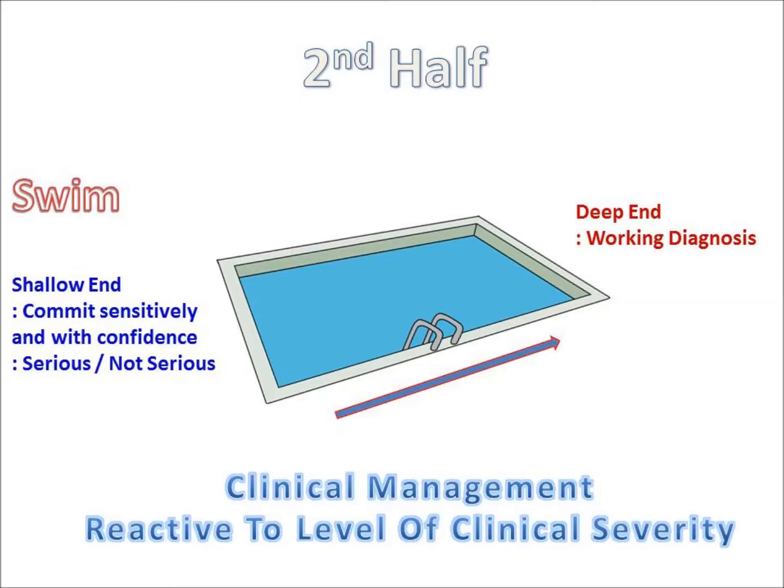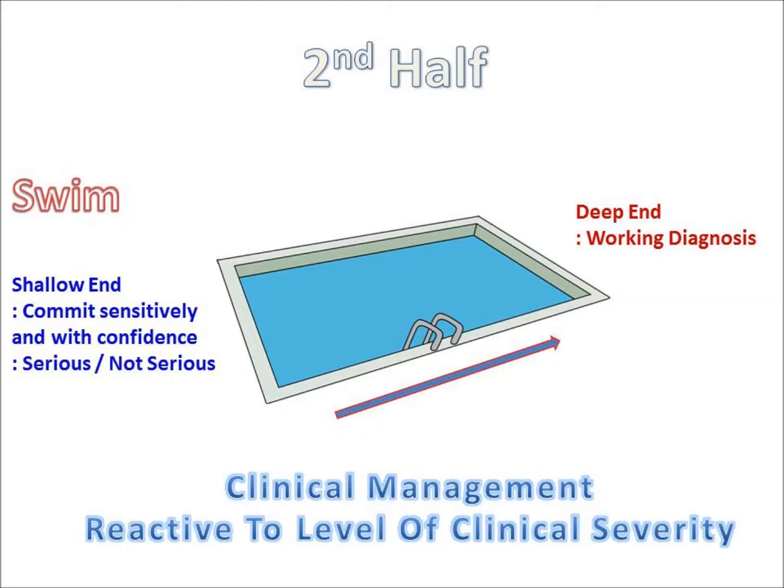So Competency 7, a management plan that is appropriate and in line with current best practice, is of course about showing that you are up to date with evidence-based medicine, but more importantly, in fact, that your management plan is reactive to that level of clinical severity. So that rash that's come in? Can you recognise potentially, if it is serious, does it actually require to be seen today?